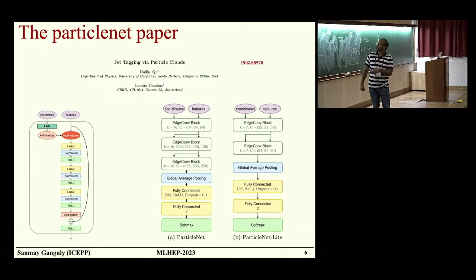In the original ParticleNet, once they have the output of an EdgeConv block, this arrow should be compared to here. They just copied the information, and hence the new latent space output is going in as the new set of coordinates and the new set of features.